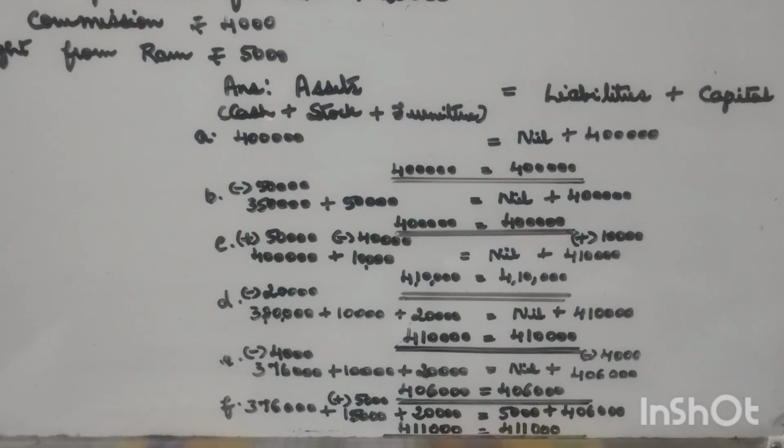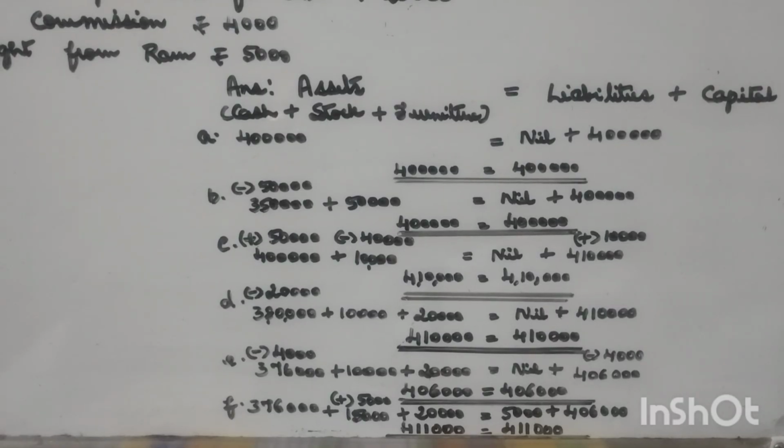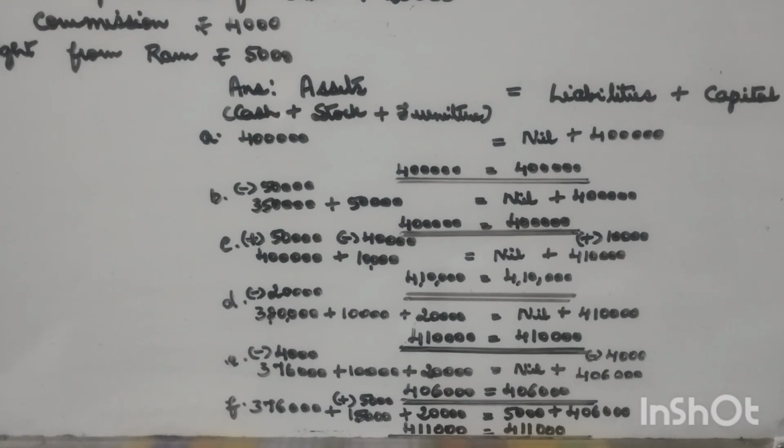The stock value was 10,000. There's 5,000 worth of stock that has to be added. So the present stock value will be 15,000, plus furniture 20,000. As it is a credit purchase transaction, the firm has a liability of 5,000, plus capital amount will be 4,06,000, and we can equalize: 4,11,000 is equal to 4,11,000.